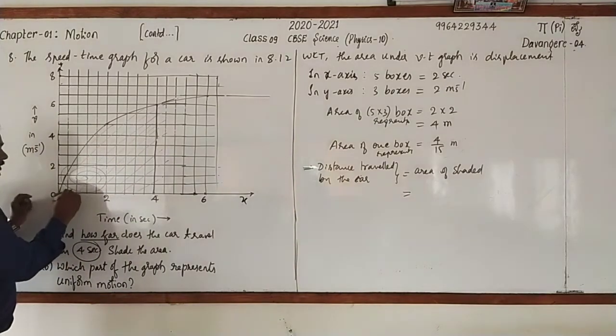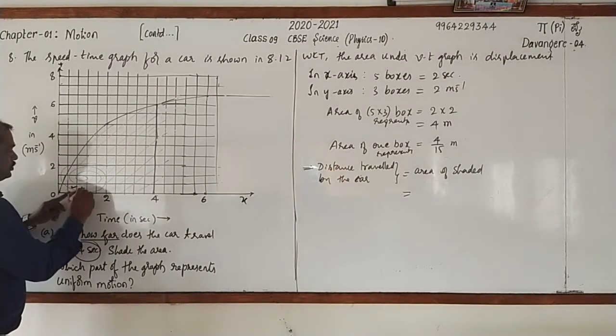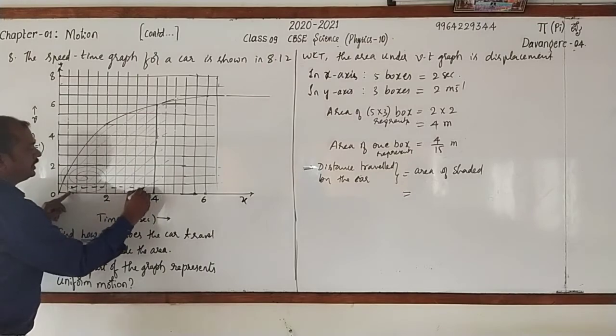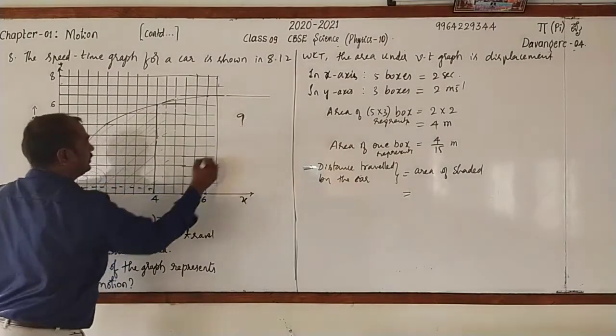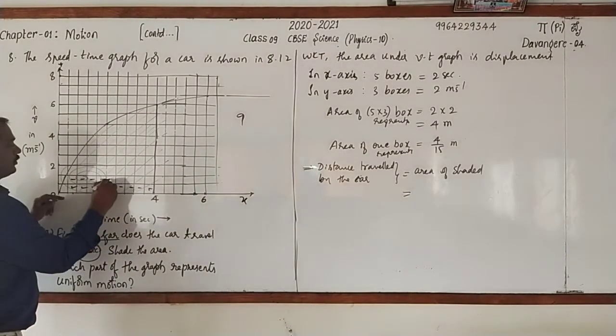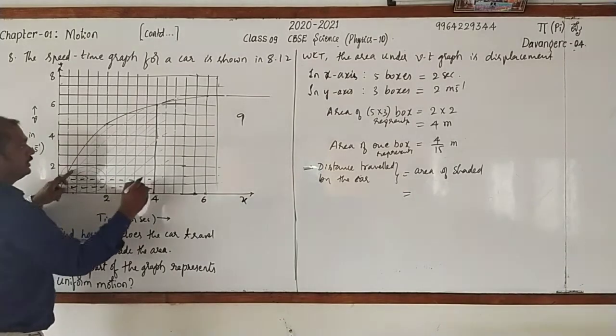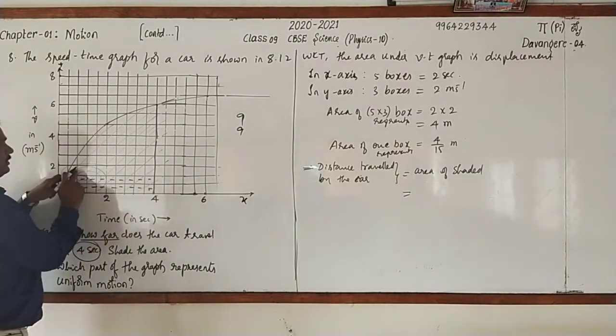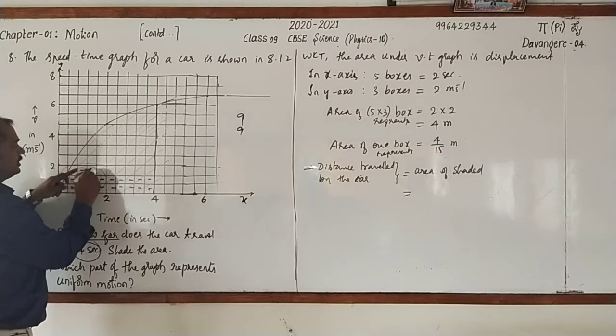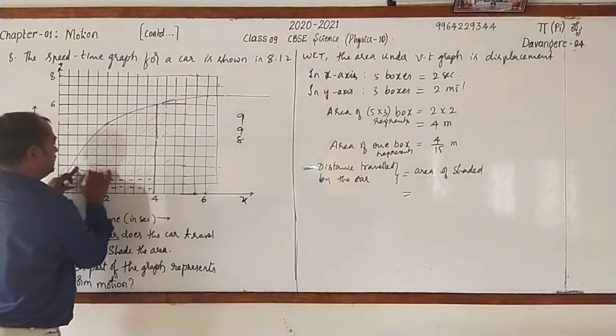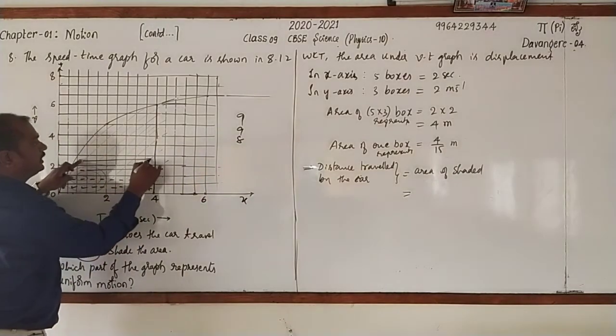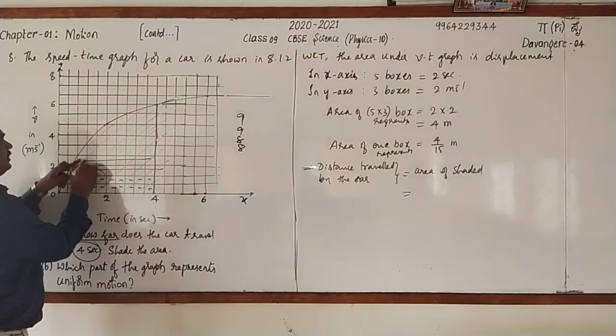Here I am going to count the boxes. Here 1, 2, 3, 4, 5, 6, 7, 8, 9. 9 are there. Next 1, 2, 3, 4, 5, 6, 7, 8, 9. Again 9 are there. Here 8 are there. I am just leaving this one.